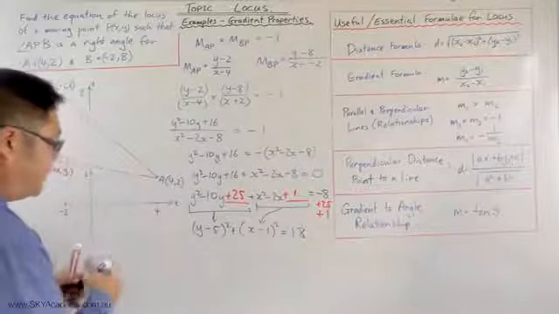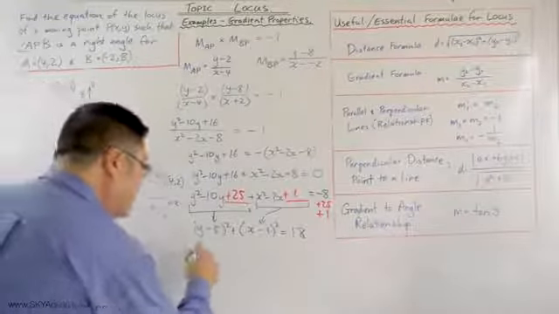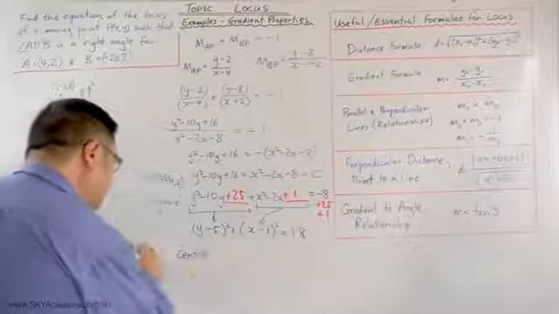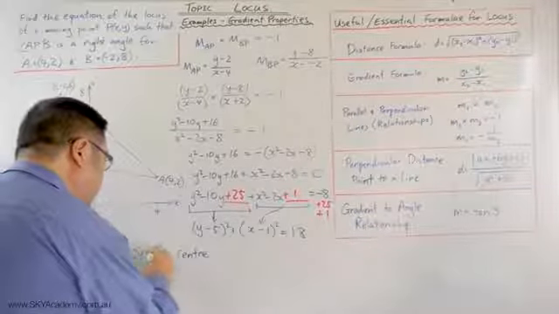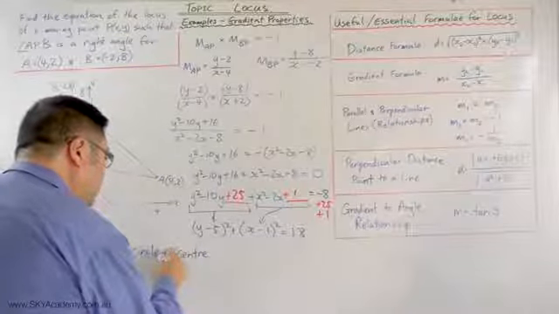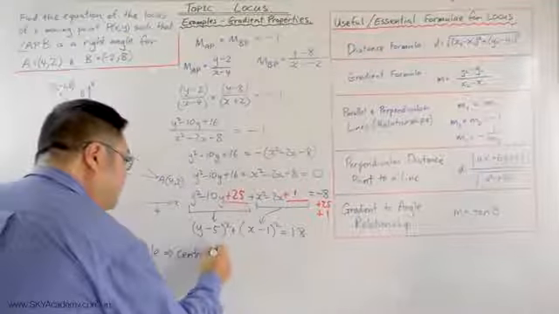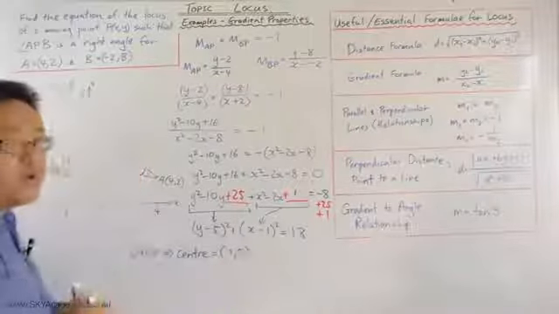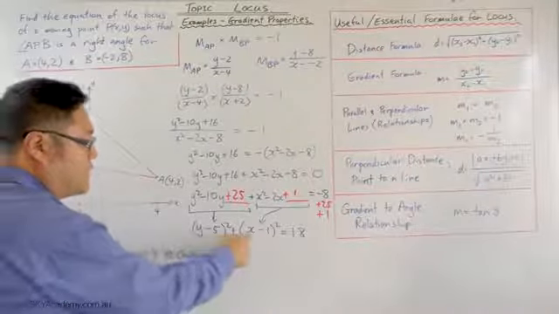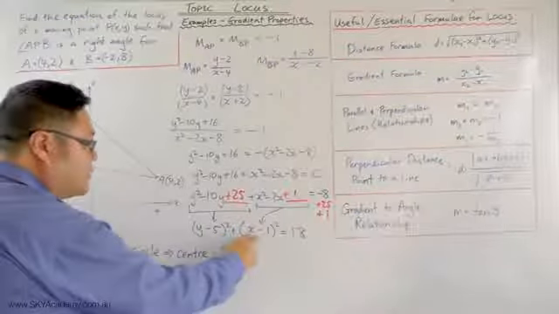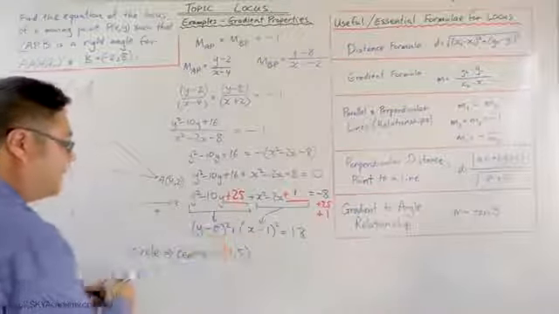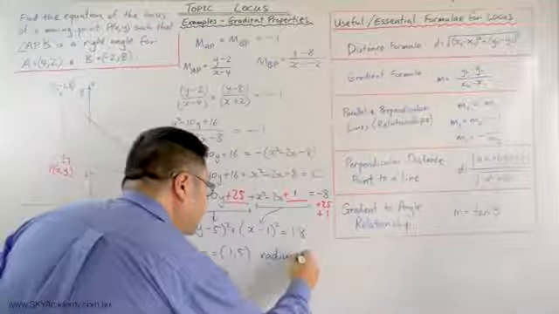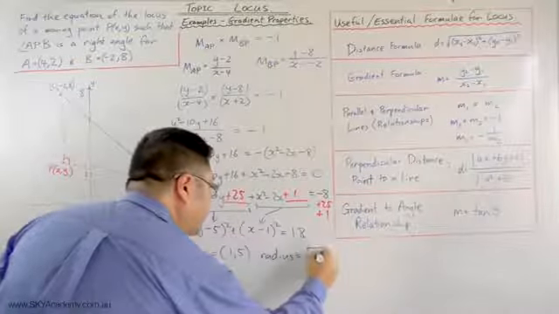is going to be, center. So it's a circle. Let's write down the fact that it's a circle with center equal to 1, 5, not 5, 1, because remember this is the y coordinate, this is the x coordinate, so 5, 1, and radius is equal to root 18.